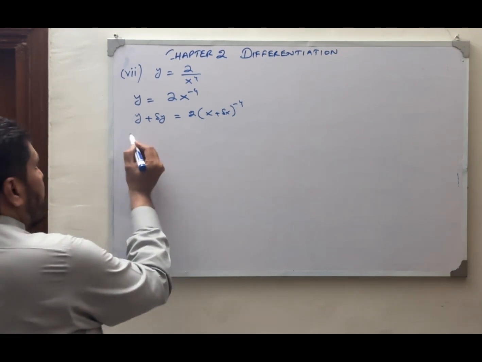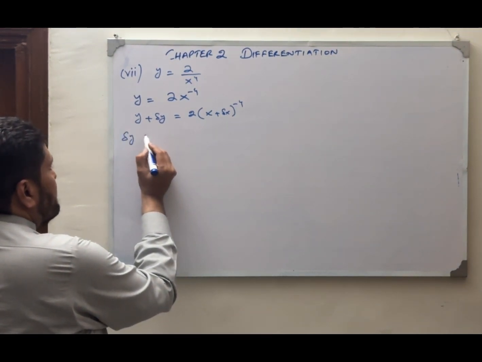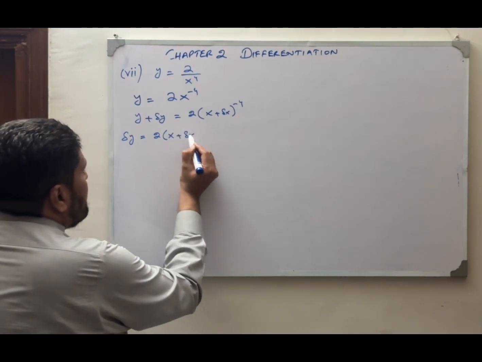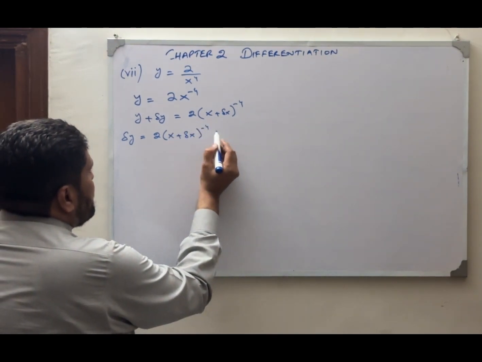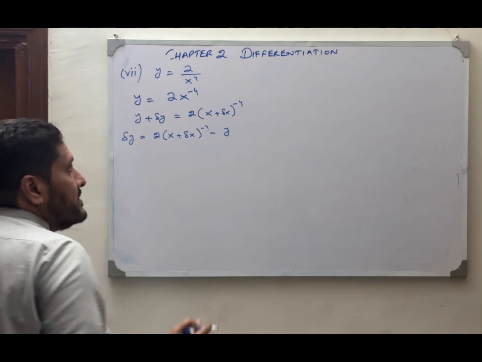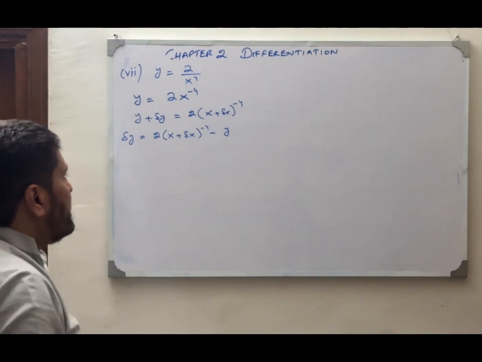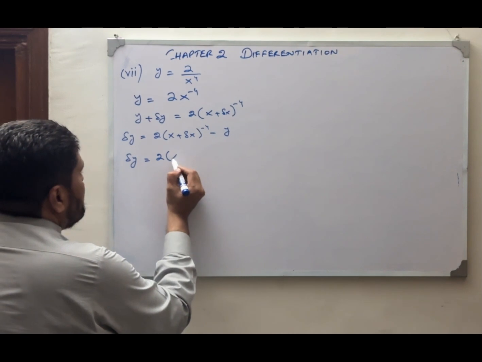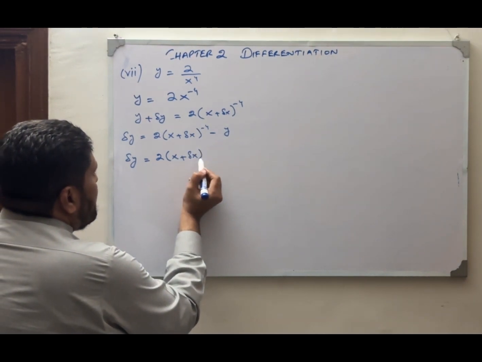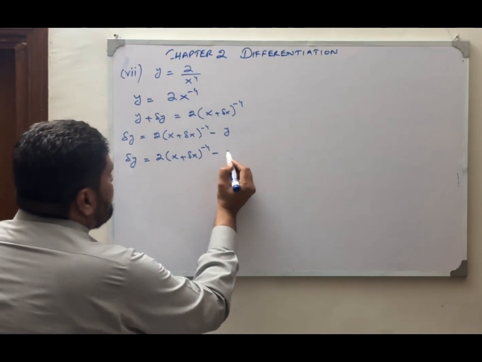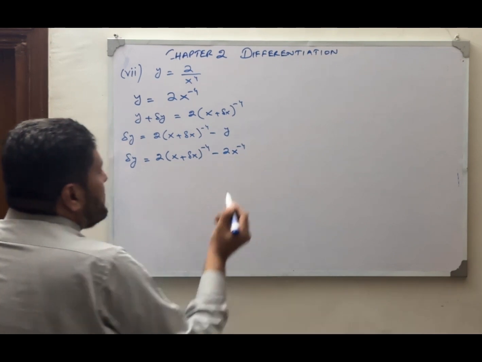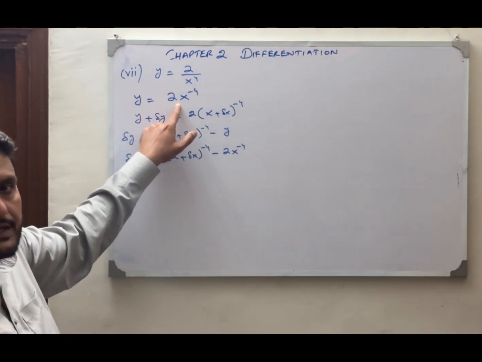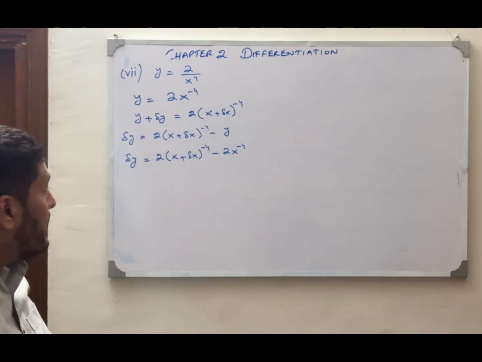Then taking y to the other side, delta y is equal to 2 into (x plus delta x) power minus 4 minus y, and by putting the value of y, delta y is equal to 2 into (x plus delta x) power minus 4 minus 2x power minus 4.